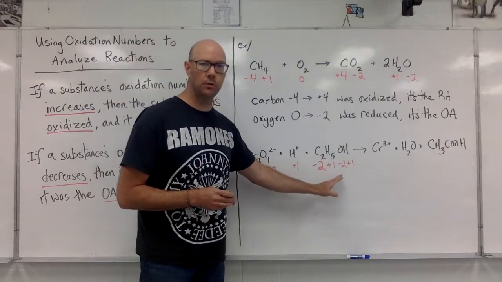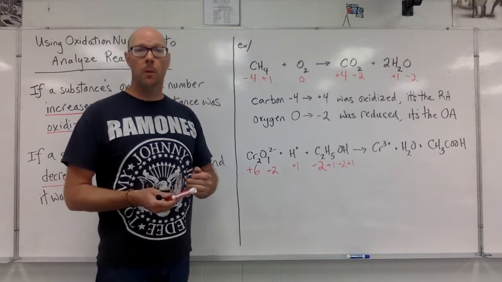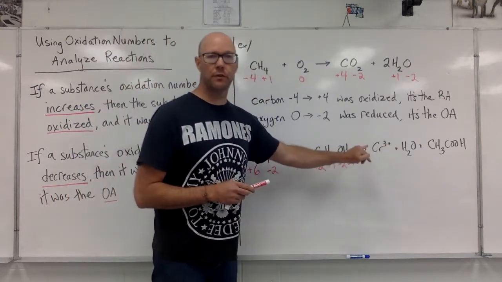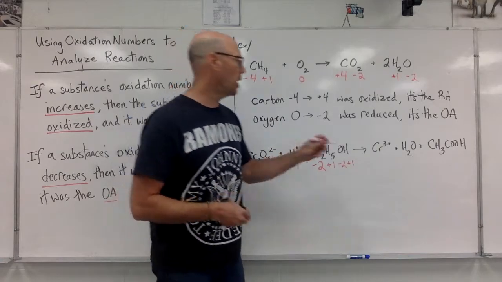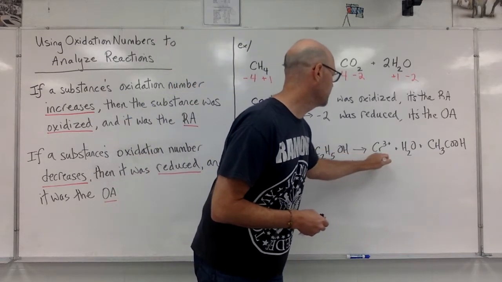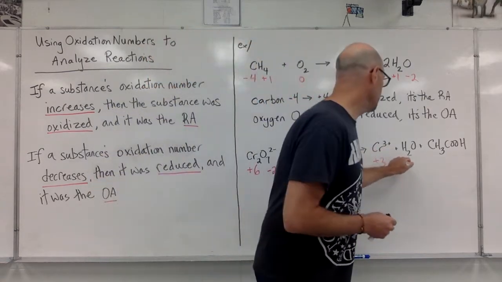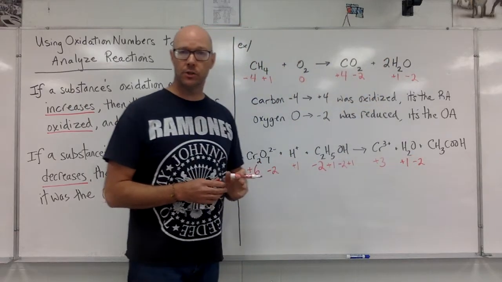A -2, that's -1, and a +1. A little bit tricky there, but very doable. The chromium has a charge of 3+. The charge of a simple ion matches its oxidation number. It's +3. We have water. Hydrogen is +1. Oxygen is -2.